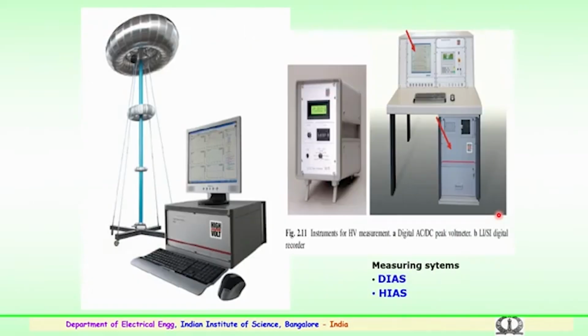This is again the use of digital AC/DC peak voltmeters and recorders for impulse measurements, with other types of digital recorders. For the measurement of high voltage impulses, we have two important systems: the digital impulse analyzing system and the hybrid impulse analyzing system.